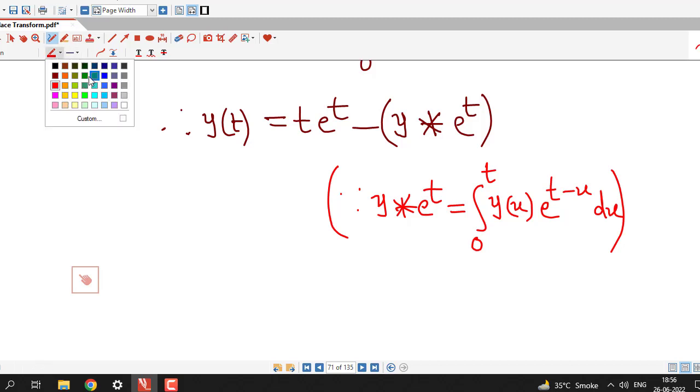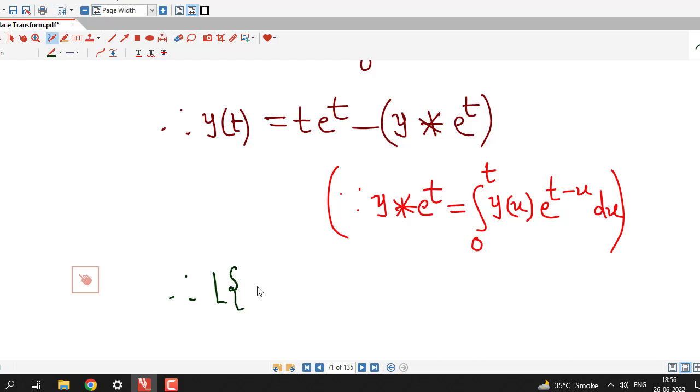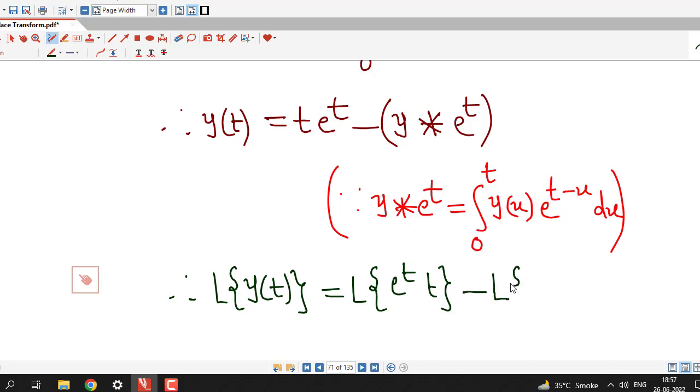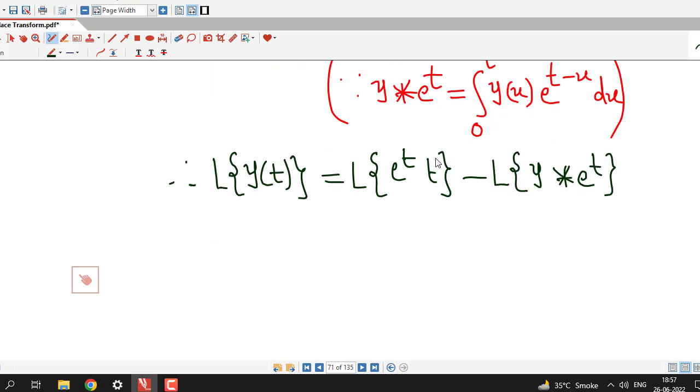In the next step we apply Laplace transform on both sides. Therefore the Laplace transform of function y equals the Laplace transform of t times e raised to t minus the Laplace transform of y star e raised to t. So here we apply the linearity property of Laplace transform.